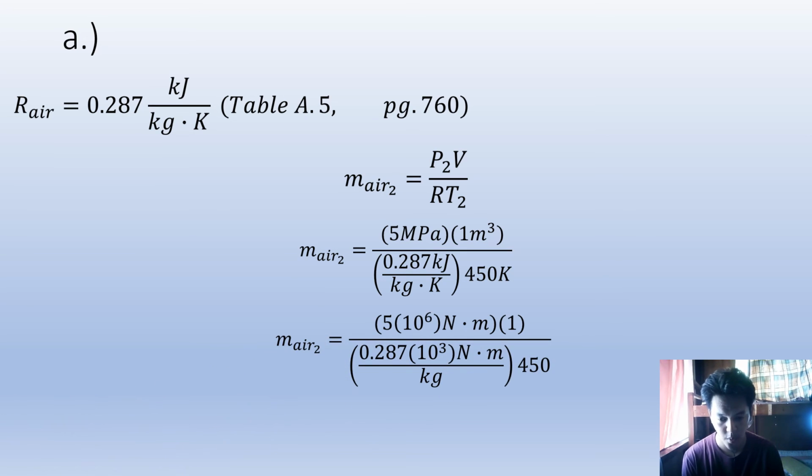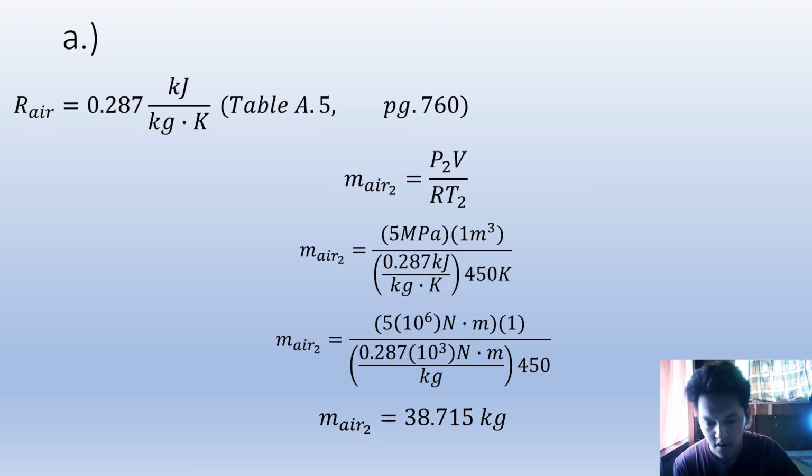As we compute this, we gain 38.715 kilograms as the mass of air 2. So we just solved the mass in air 2 and air 1.